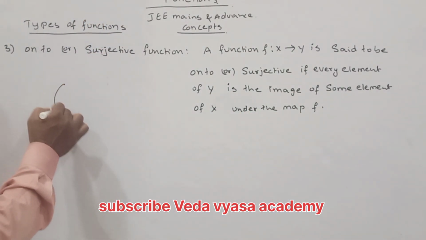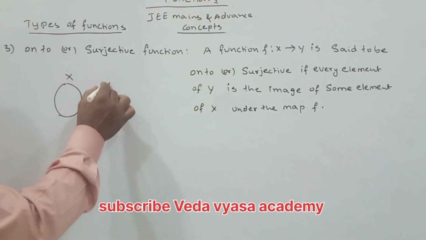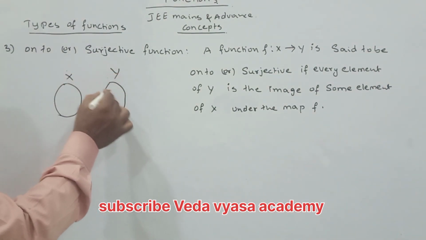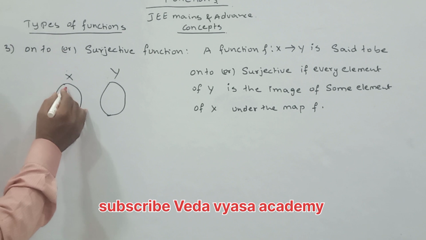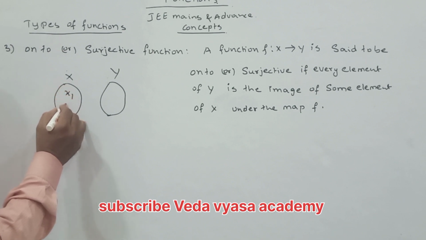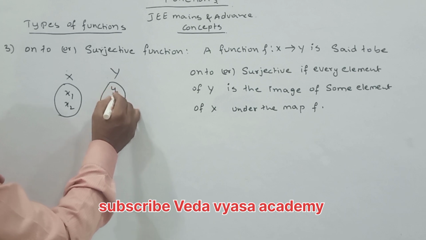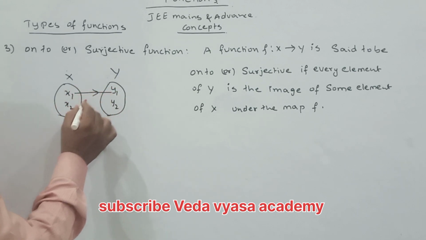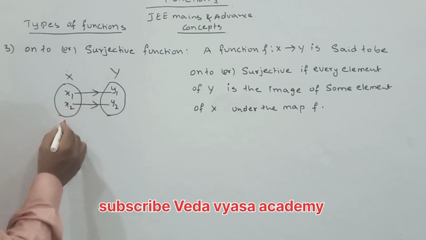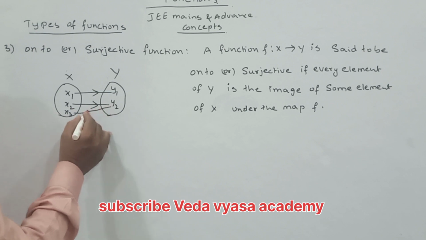So, this is the function from X to Y. This is the X set and this is the Y set. X has the elements x1, x2, x3, and Y has the elements y1, y2. So, mapping from X to Y, every element has a map here.